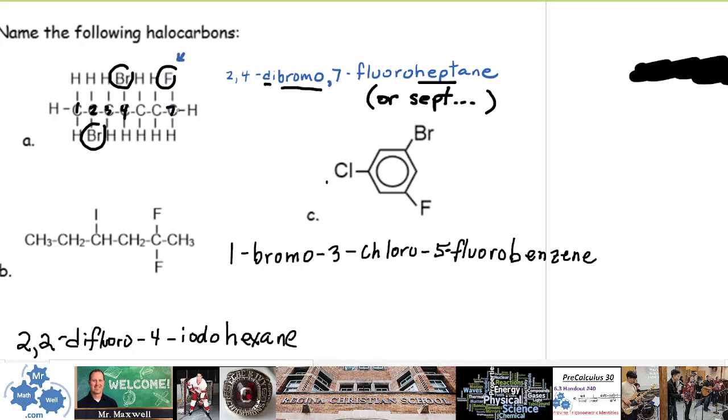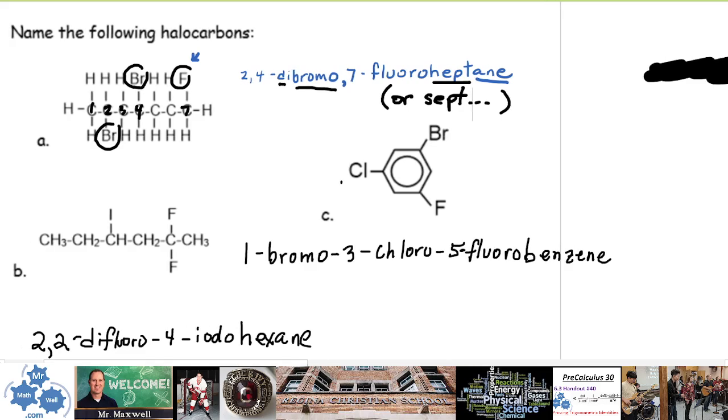Again, you have to keep the numbering consistent. You can't start over from 1 at this end. This has to be 7, and it's fluoroheptane for single bonds, or septane. Heptane or septane, I think they're both equally valid. You'll see both of those. All right, so that's for A.